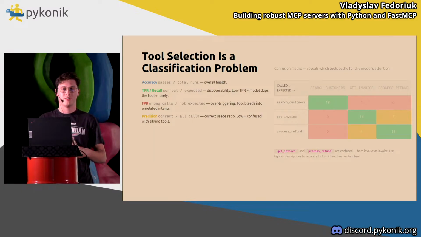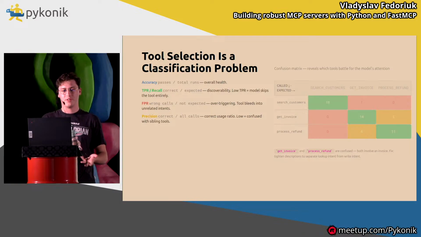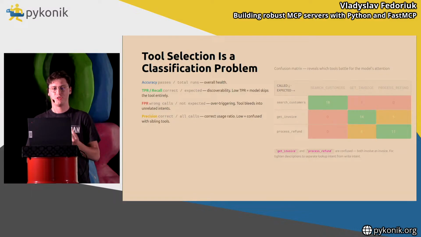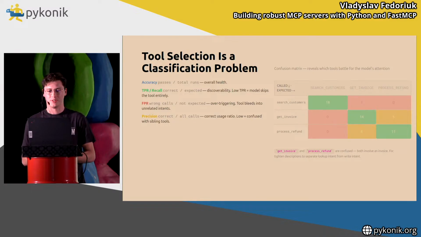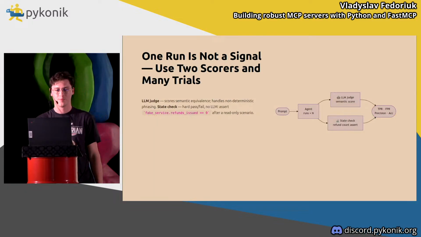For example, does the model under-select my tool, or does it over-select the tool for use cases where it shouldn't have been used? Having those numbers, you can also build confusion matrices to have a nice way to visualize, for example, which tools are competing for the model's attention, or which are under-selected in certain circumstances.